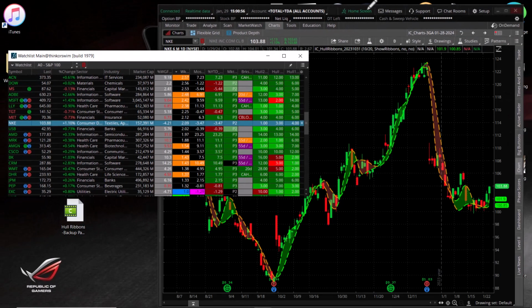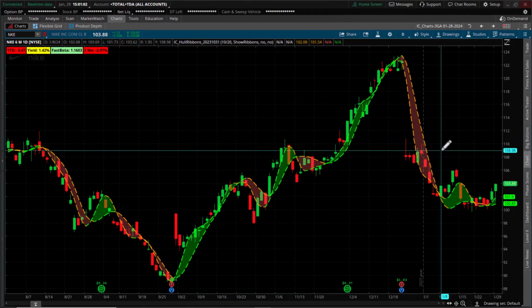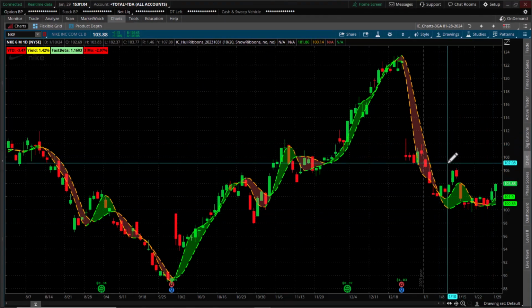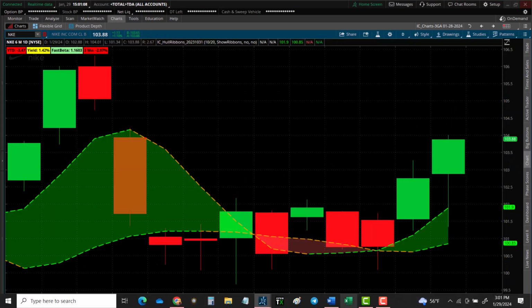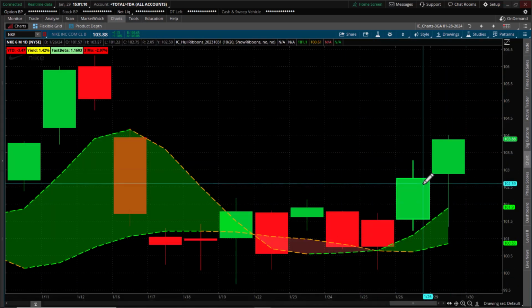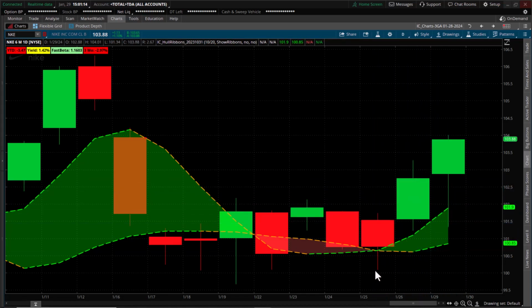If we jump to the chart for this particular guy, we have to look out here at this point. If we count back from the current day, go back 1, 2, this is the spot in here where the Hull 10 crossed through the Hull 20.